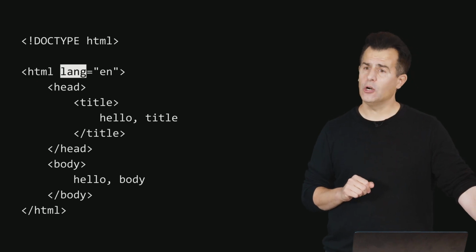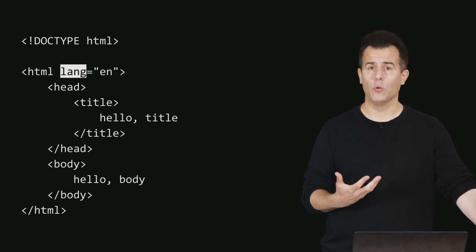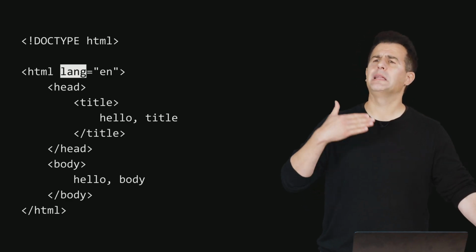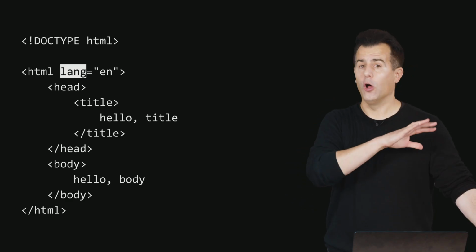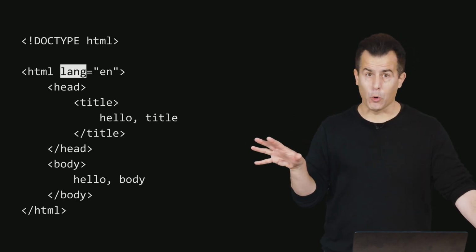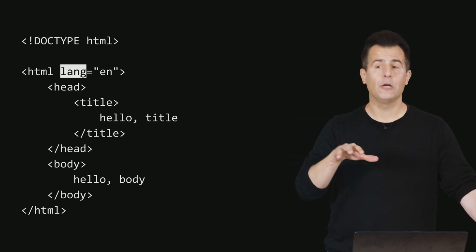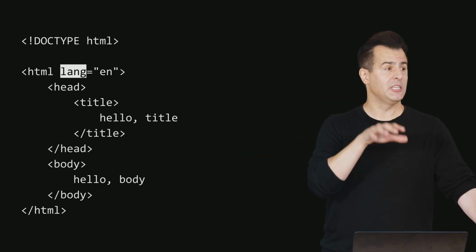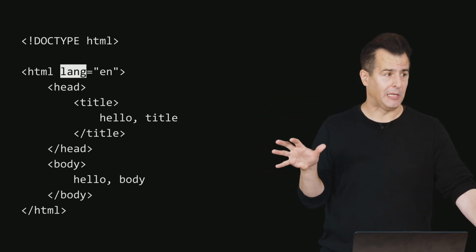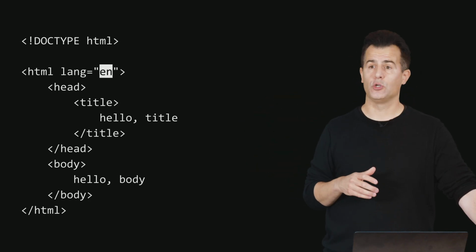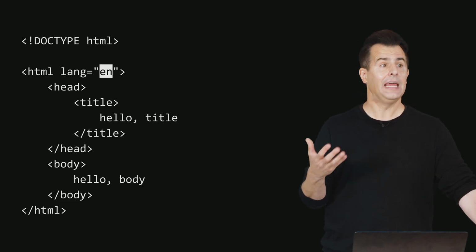Well, this thing here highlighted, lang, short for language, indicates what human language is presumably going to be used throughout the rest of the page. All of the tags, all of the attributes, for better or for worse, are going to be in English because the language HTML itself was standardized by English-speaking people. You can write web pages with your own content in any human language. In this case, I have opted to write my page, as simple as it is, in English as well.